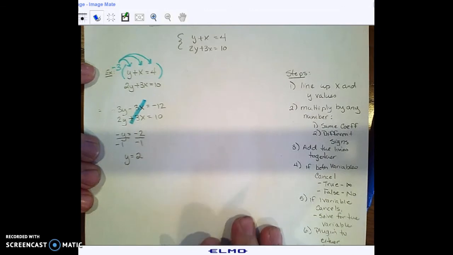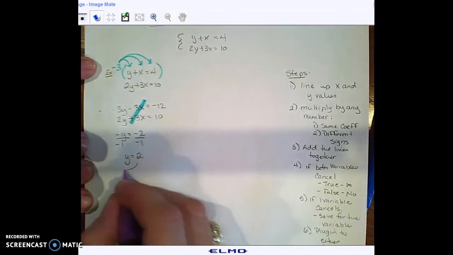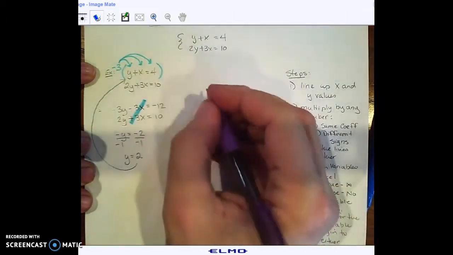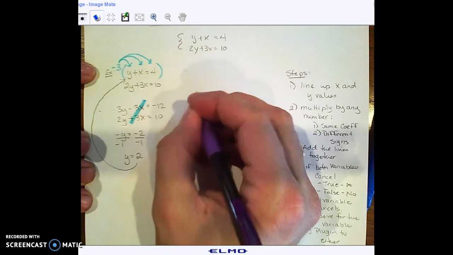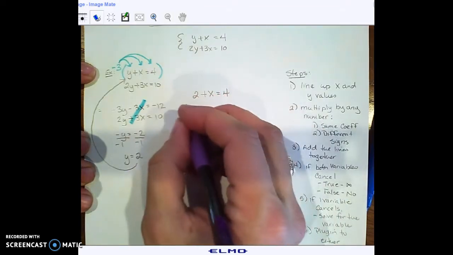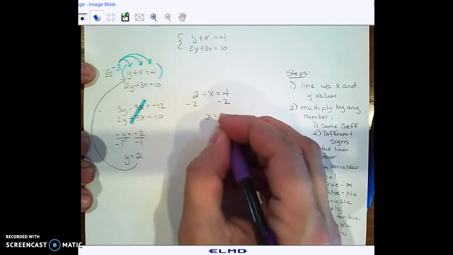Well, now we know what y is, we just need to know what x is. So I'm going to plug this y in up here for y and solve for x. This gives me 2 plus x is equal to 4. Subtract 2, and that gives me x is equal to 2.